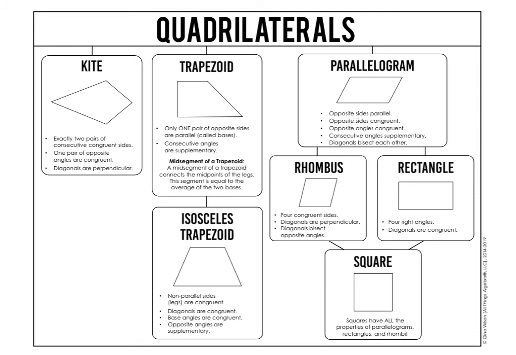And this is a great page to use as a guide for memorizing all of the properties of the different quadrilaterals that we've talked about, as well as the family of the parallelograms here: a rhombus is a parallelogram, a rectangle is a parallelogram, and a square is a rhombus, a rectangle, and a parallelogram, so it shows you that flow chart.